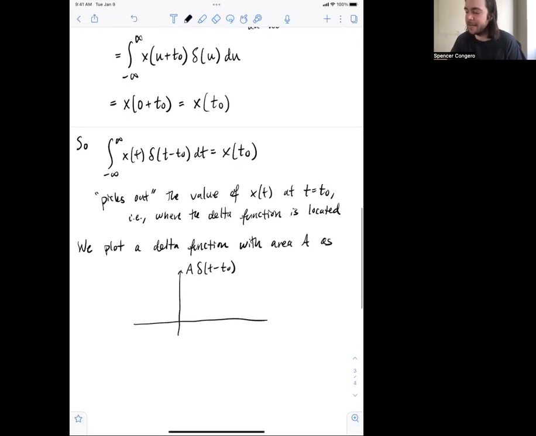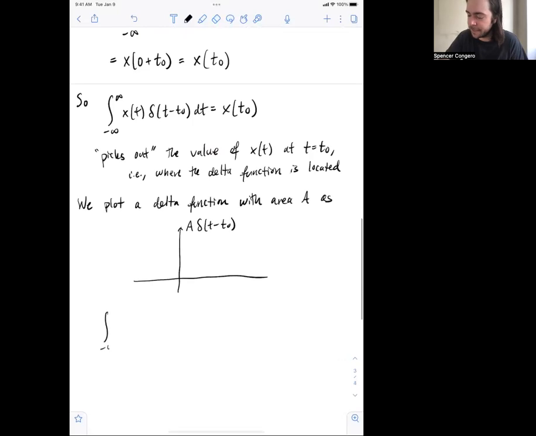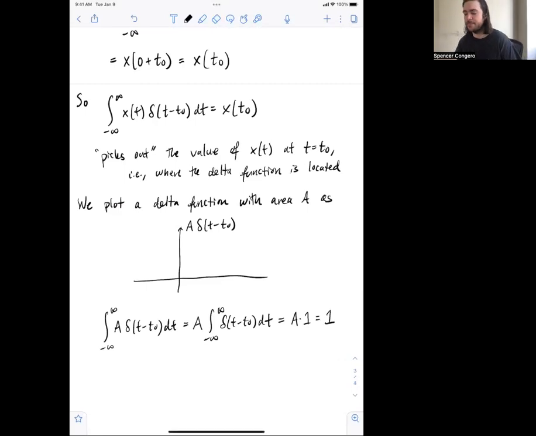So when I multiply it by A, I can just bring the A outside. And of course, I'm just going to get A times 1, which is 1. Okay, if I shift, we know that the integral of the delta function is 1. If I shift it and still integrate across where it's located, of course, the area is still 1. Oops, A times 1 is A. So this function has area A.